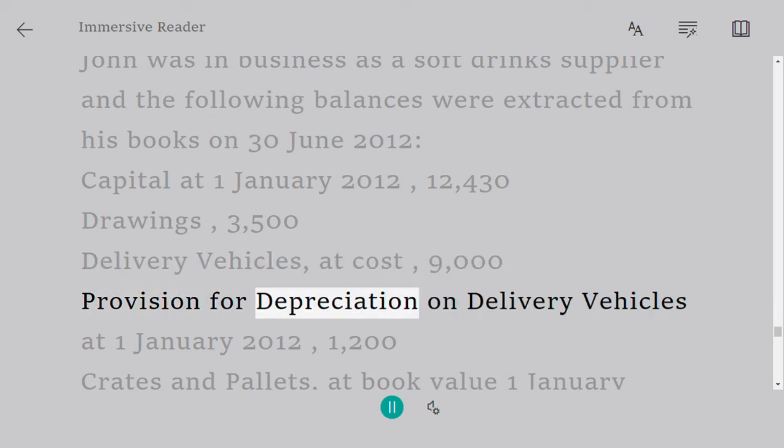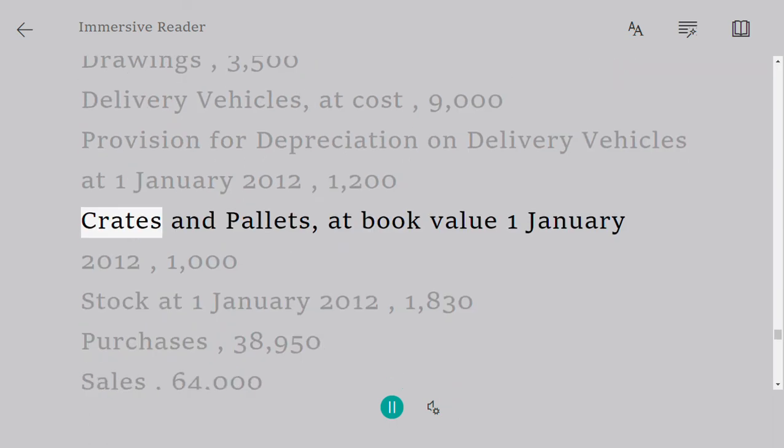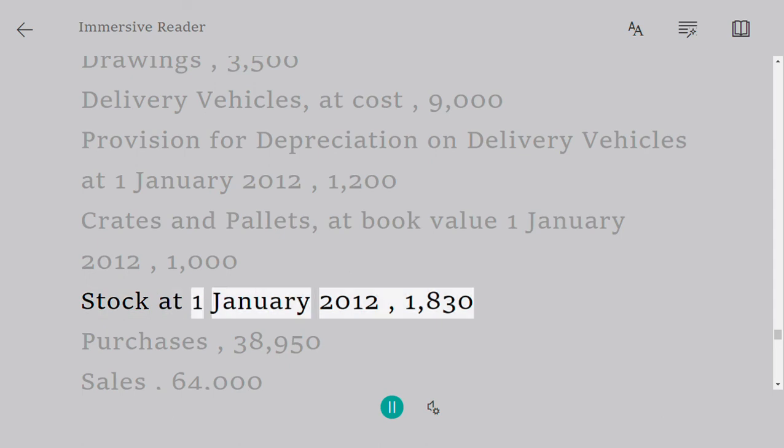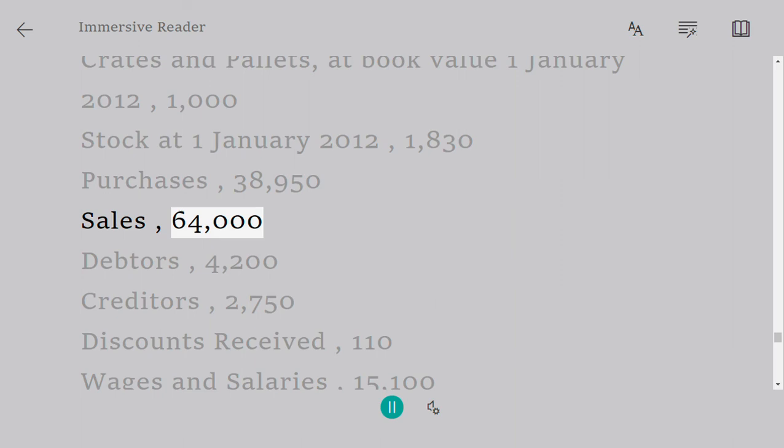Provision for depreciation on delivery vehicles at January 1, 2012, $1,200. Crates and pallets, at book value January 1, 2012, $1,000. Stock at January 1, 2012, $1,830. Purchases, $38,950. Sales, $64,000. Debtors, $4,200.